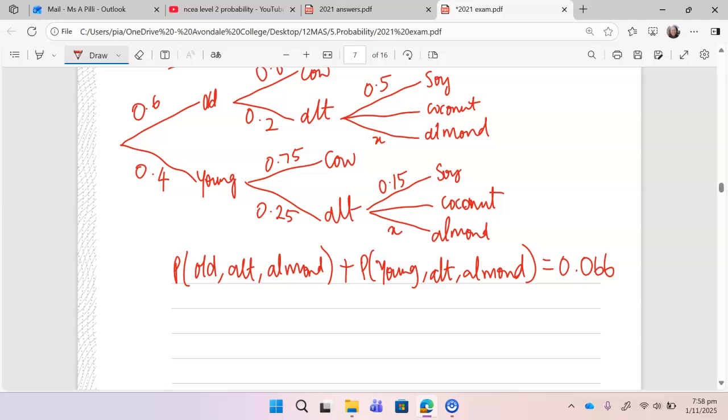That's what the question is saying. So this would be 0.6 times 0.2 times, we don't know what that is, so it's x for almond. And probability of young, so 0.4, oh yeah, just put them in brackets, 0.4 times 0.25 times x.